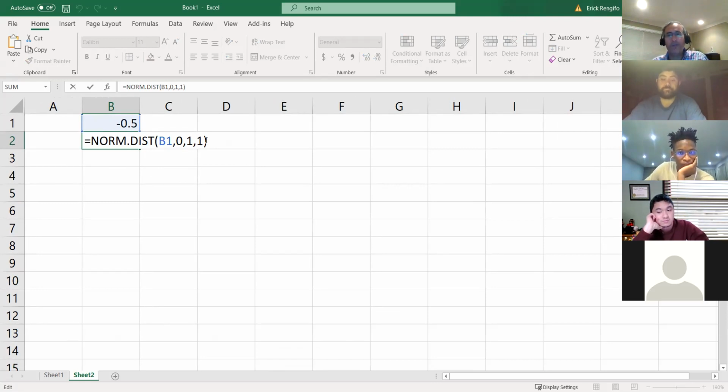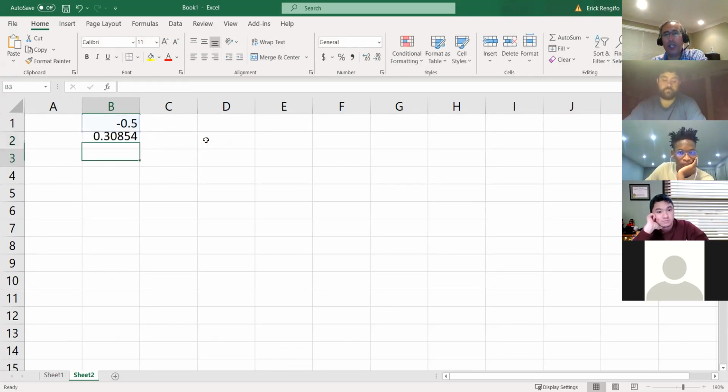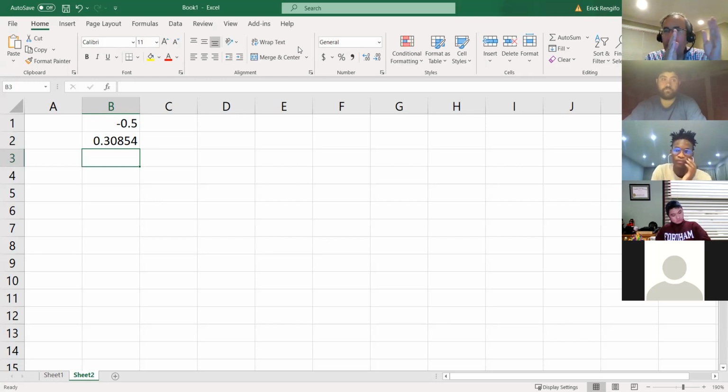Got it? Okay, if you take a look at that, this is equal to 0.31. Makes sense to you? So now, what is this 0.31? It is from minus infinity up to the point minus 0.5. So the probability equals 0.31. No percent, 0.31.